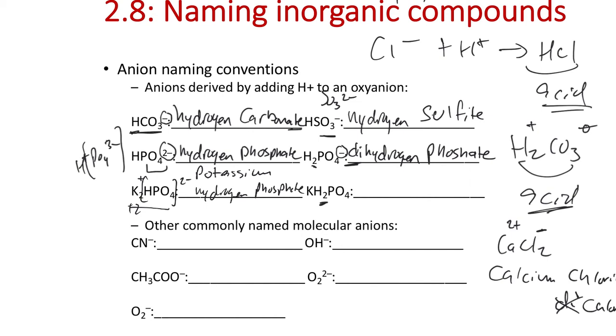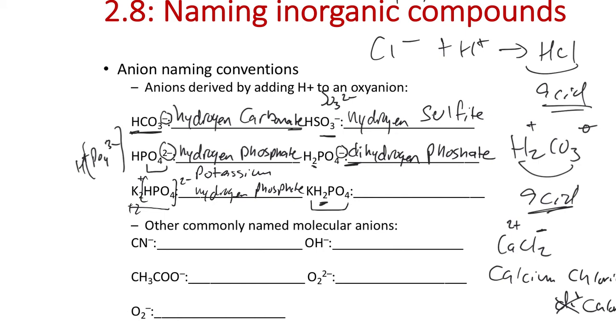So potassium hydrogen phosphate. We don't go dipotassium hydrogen phosphate. I think it's worth noting when and why we're using this di, since we could then confuse this into thinking we should call this dipotassium hydrogen phosphate. We don't. We're still just cation name, anion name. And then KH2PO4, different compound, different formula, so it should have a different name.